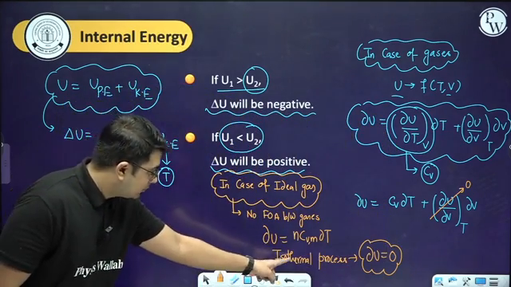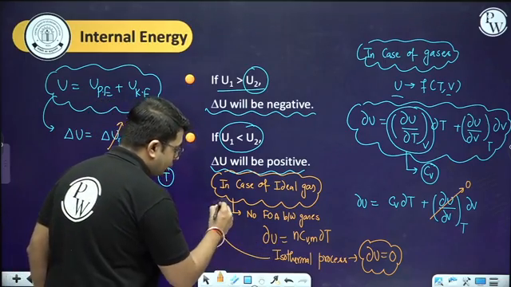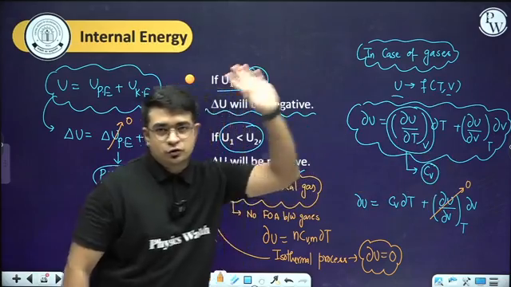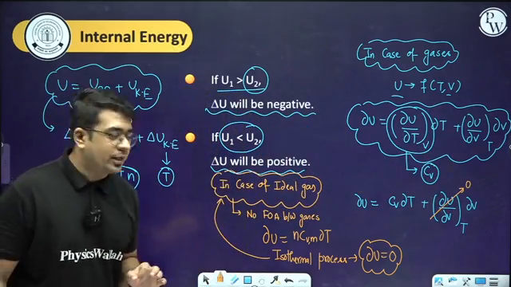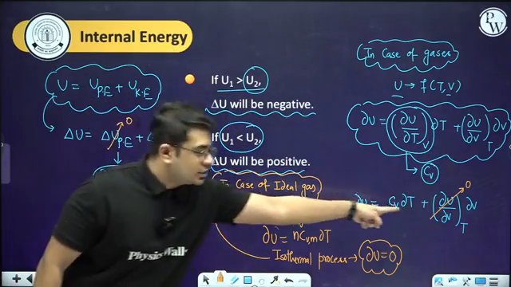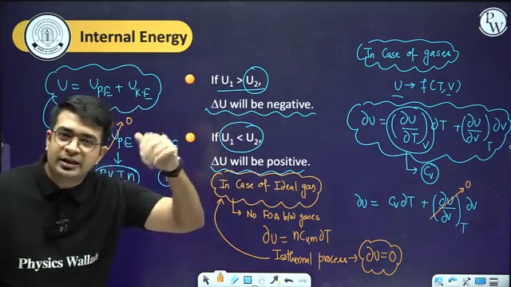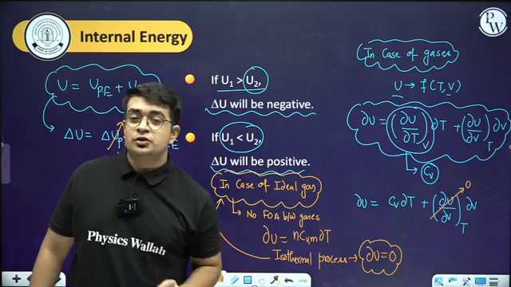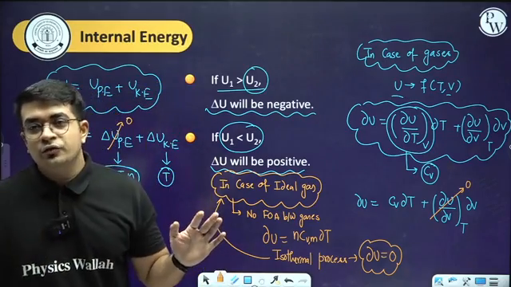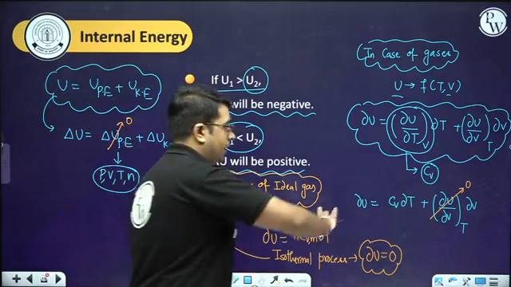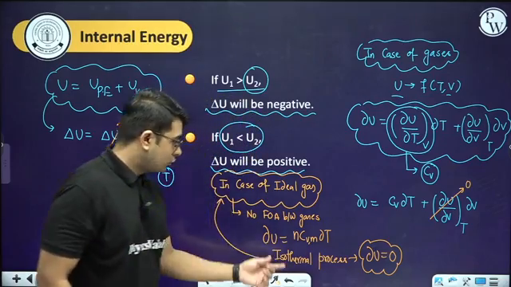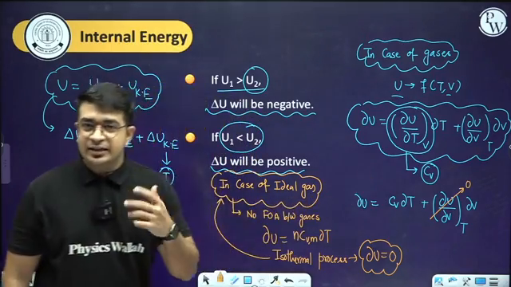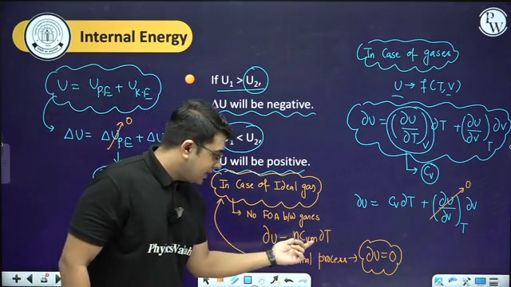For an isothermal process in an ideal gas, the potential energy part was also 0, because it depends upon temperature only, and you are changing volume, so it's not going to change the internal energy. That differentiation is 0, because differentiation of a constant term is not going to give you any value. So that part is removed, and the remaining equation becomes nCvm dT, or you can say Cv dT, where Cv is nCvm.